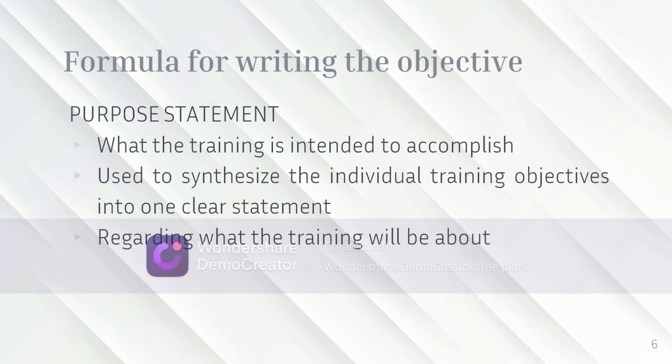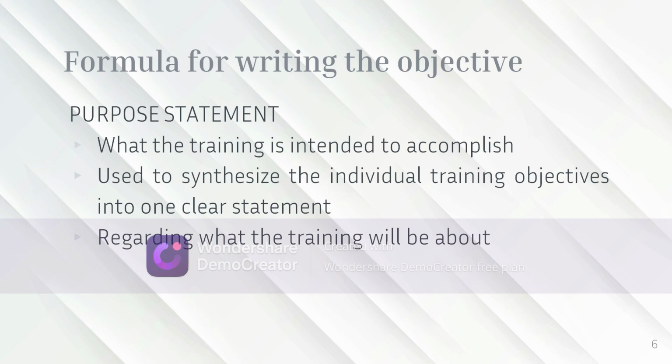Now talking about the purpose statement. At times you will need to communicate only a short statement of what the training is intended to accomplish. This is called a purpose statement. The purpose statement is used to synthesize the individual training objectives into one clear statement regarding what the training will be all about.